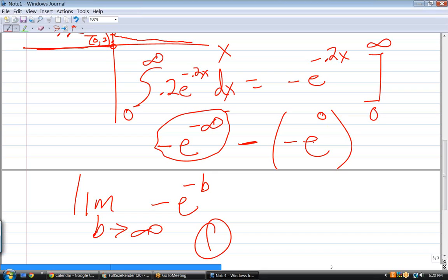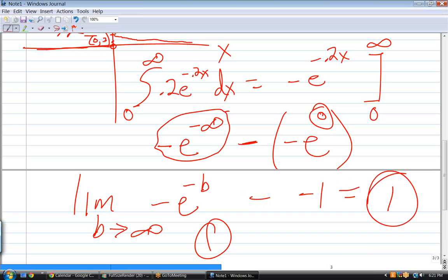No, this is negative 1, because that 0 is not acting on the negative sign. That exponent right there is only acting on the e. So e to the 0 becomes 1, and then that negative sign is independent from it. So we're going to have a negative 1, so the area under that curve is 1.